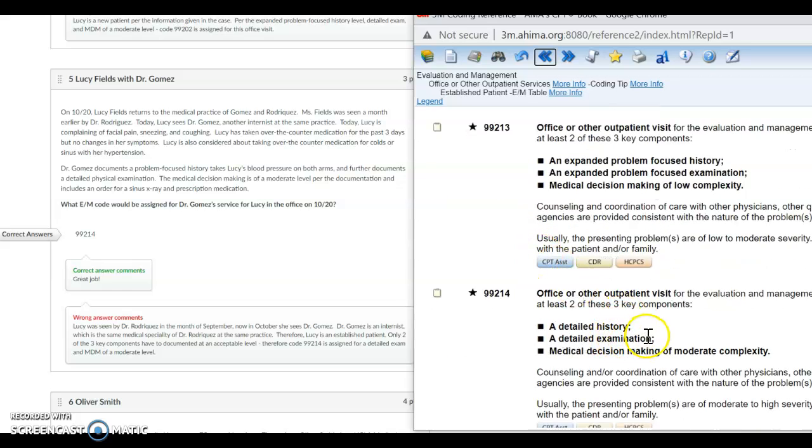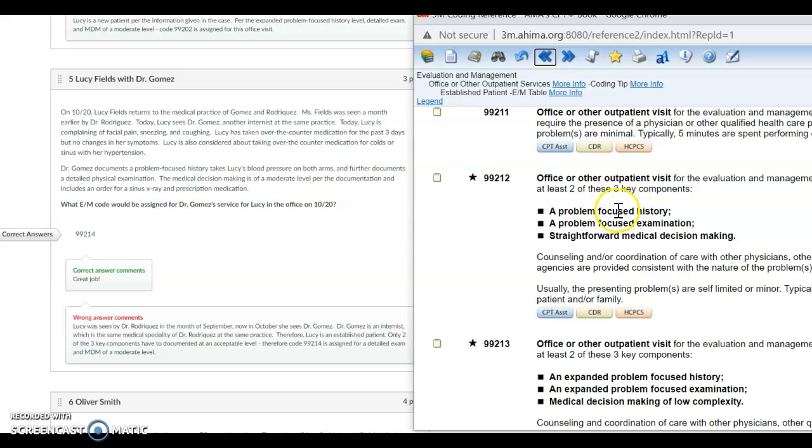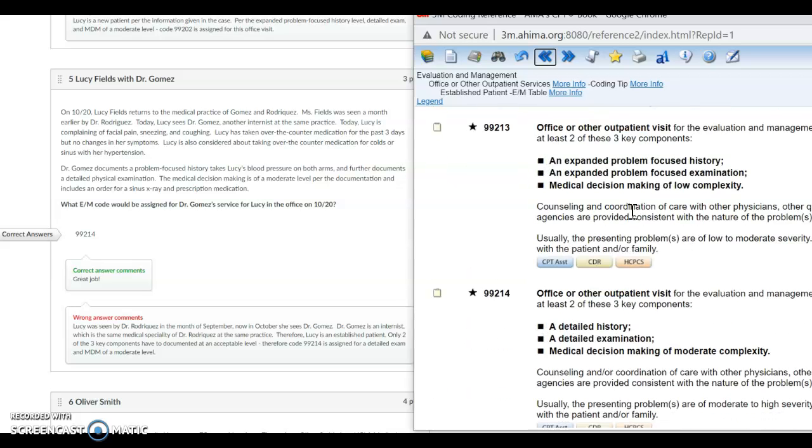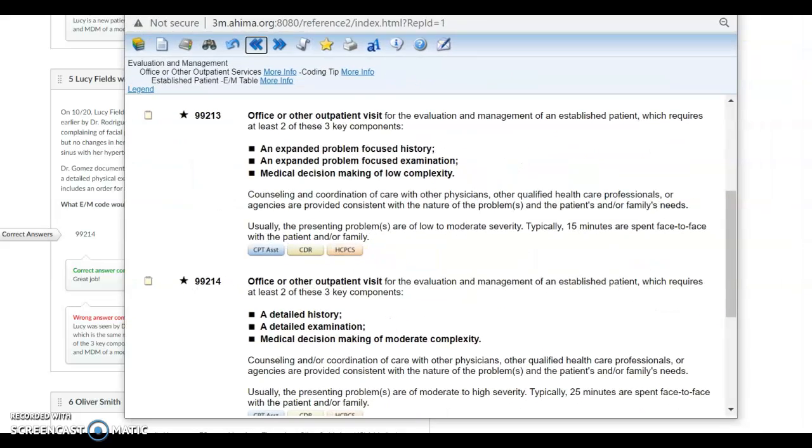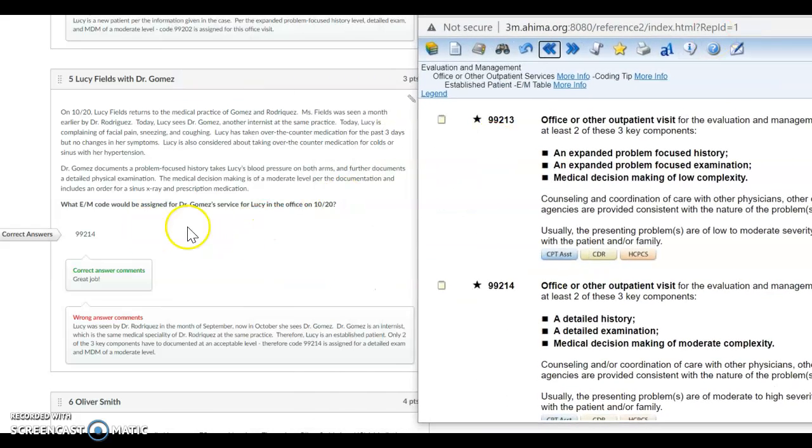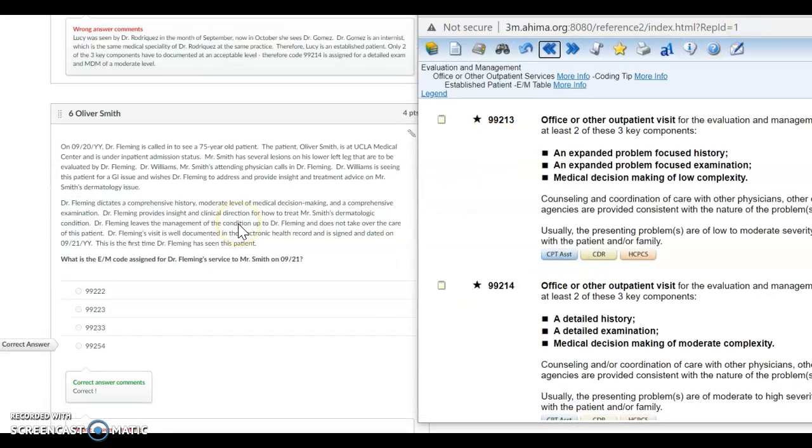That's a 99214, even though our history is way down here. They also did medical decision making that is moderate, which is right there, the 99214. So we have a detailed exam, moderate complexity decision making. I only need 2 out of these 3 key components, which gives me the 99214. So that is what our code is for that.